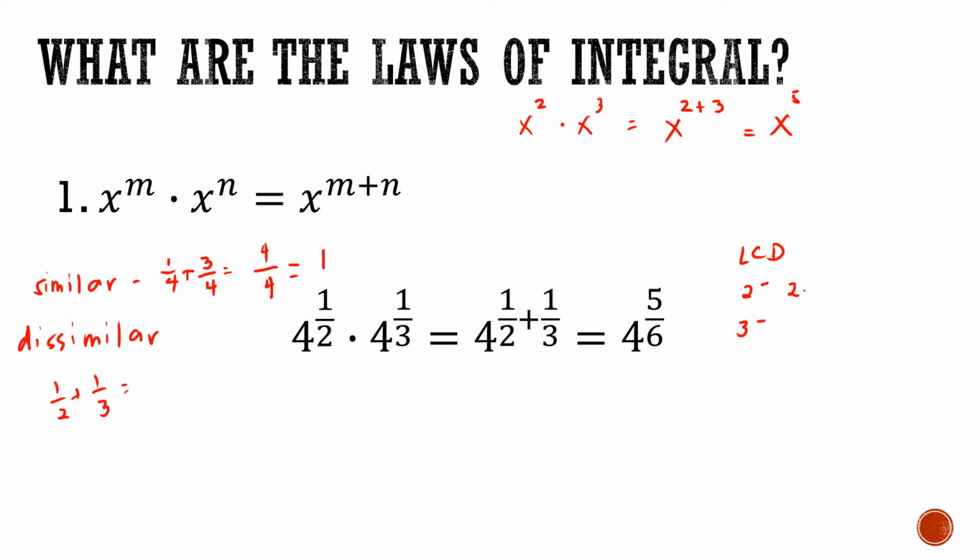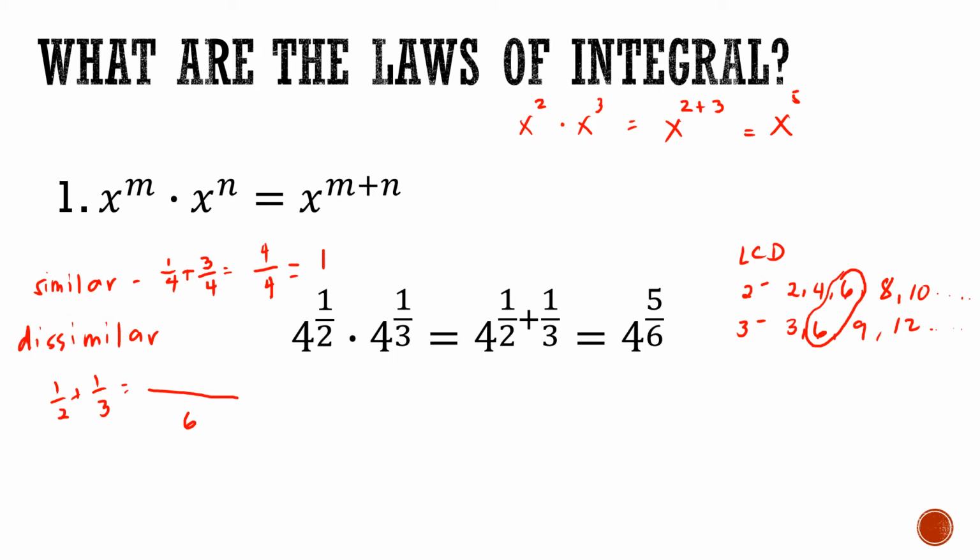So we have 2, 4, 6, 8, 10, and so on. For the multiples of 3, we have 3, 6, 9. To get the LCD, look for the first number which 2 and 3 have in common. In this case, the first number is 6. Therefore, our LCD is 6.